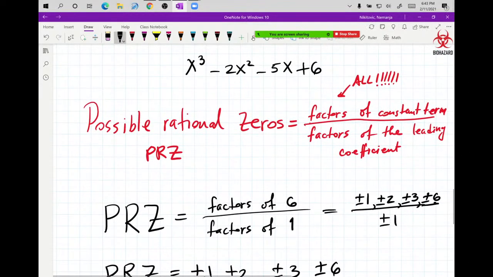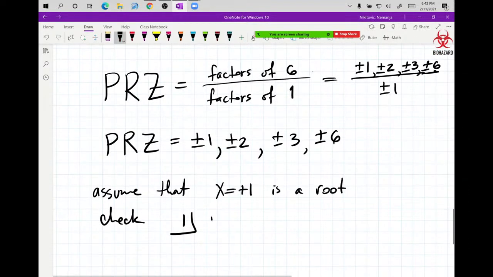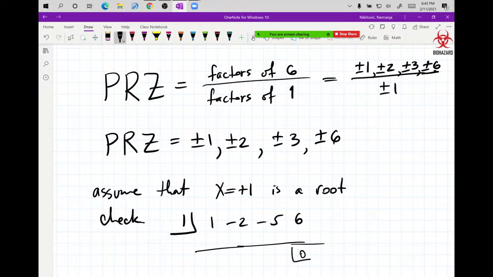What is the problem? 1, negative 2, negative 5, and positive 6. And you are hunting for that 0, right? That's what you're hunting for. Let's check 1. Drop 1 down. 1 times 1 is 1. That's negative 1. Times, that gets you negative 1. Gives you negative 6.